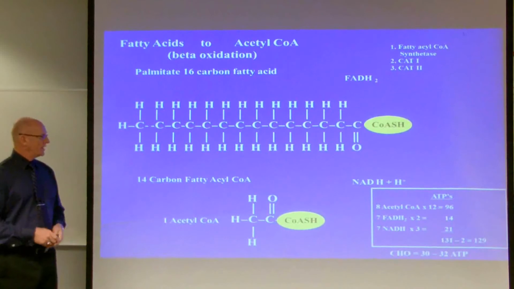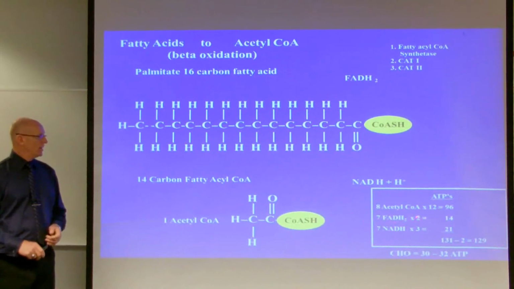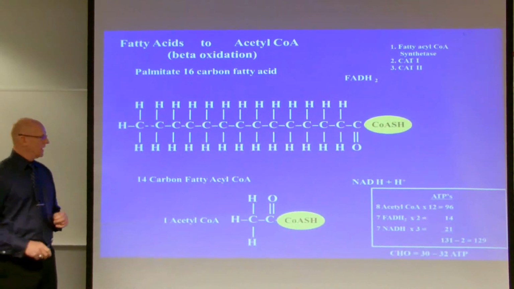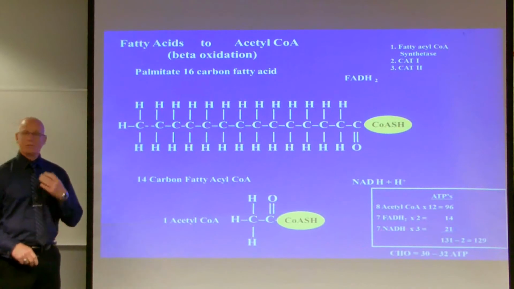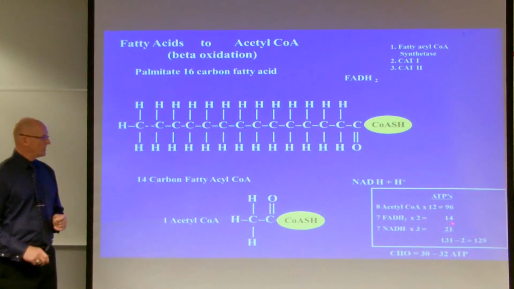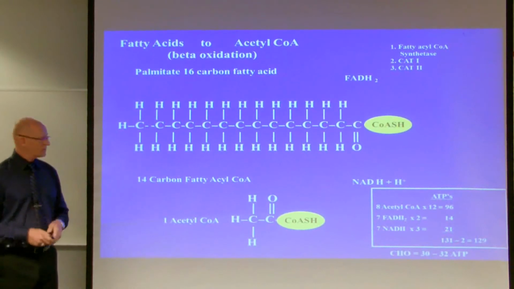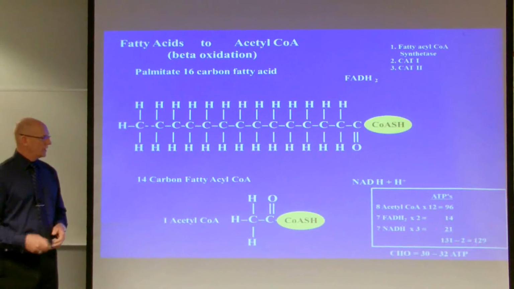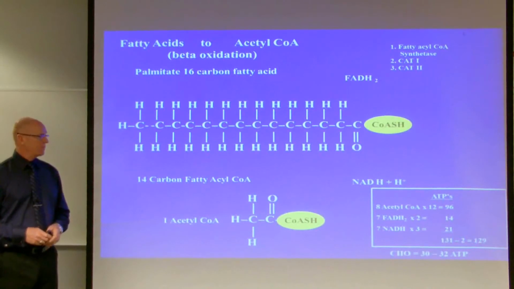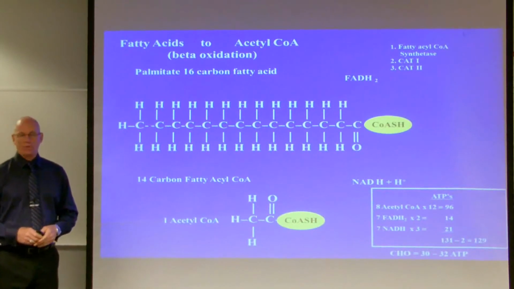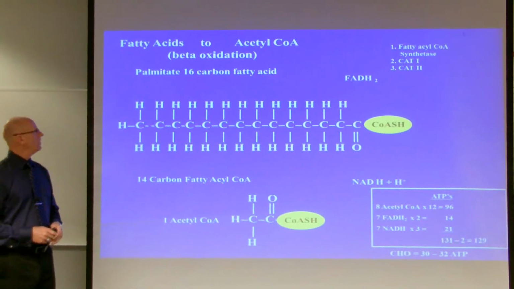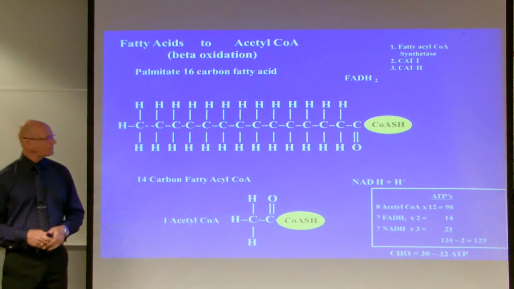For every FADH2, we get 2 ATPs, and for every NADH, we get 3 ATPs, so that is 14 plus 21, which will give us 131 ATPs. At the beginning, we had to activate this, which cost 2 ATPs, so we get a net gain of 129 ATPs for the beta oxidation of a 16-carbon fatty acid, palmitate.